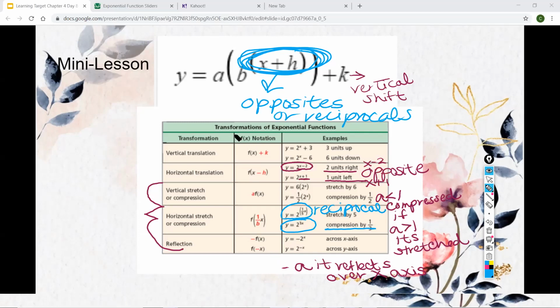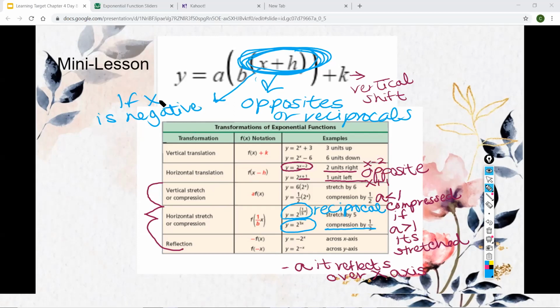Also another weird one, watch this. We said that if A was negative, it will reflect over the X. But if X is negative, what else can you reflect over?